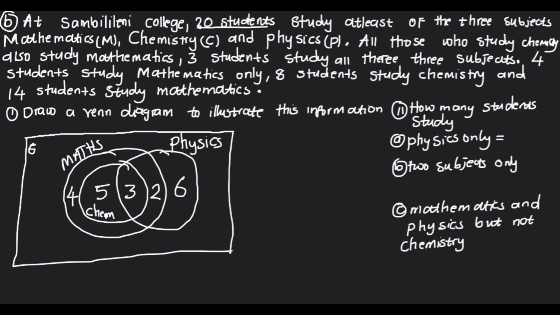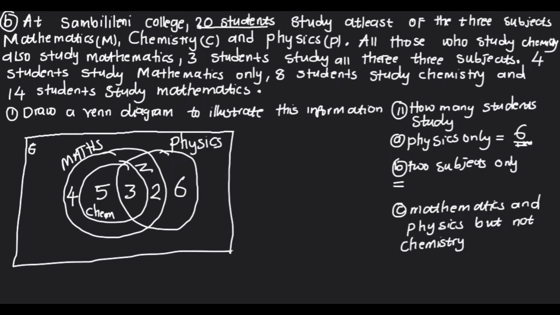Now let's move on to Roman number 2. How many students studied physics only? So for physics only, this is the region for physics only. So we can see that here we have 6. Then 2 subjects only. So we want those that studied 2 subjects only.